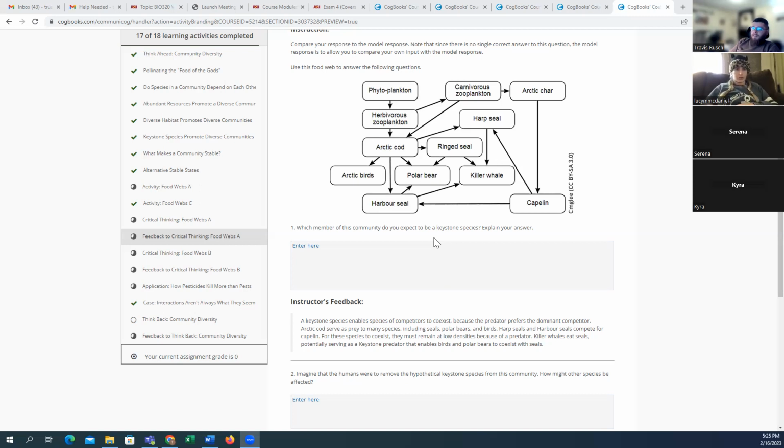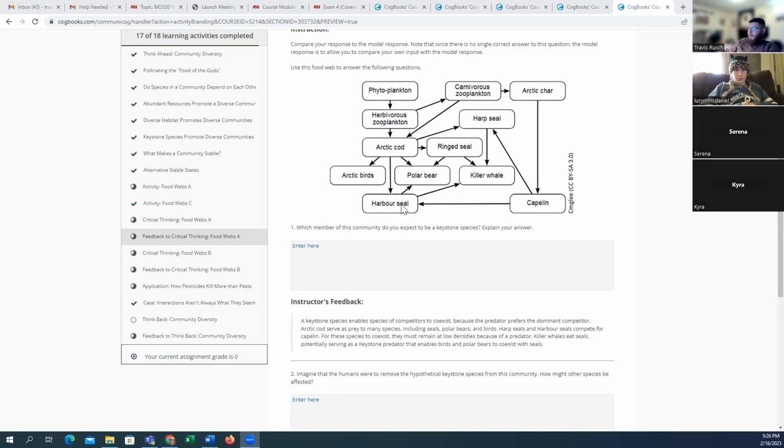And usually, like I said, a keystone species is going to influence levels of competition below them. That's one of the things to look for. If we remove phytoplankton, it has a huge rippling effect because it takes the food source away and could destroy the system, but it's not keeping anything in check. It's just being used as a food source. Versus if we remove the killer whale, there are going to be levels of competition below that.